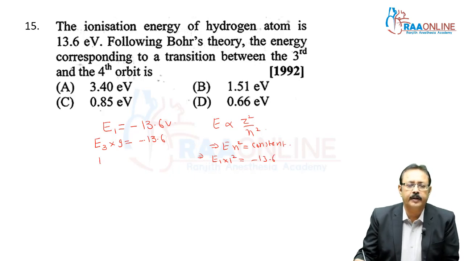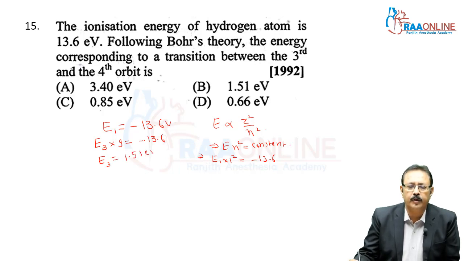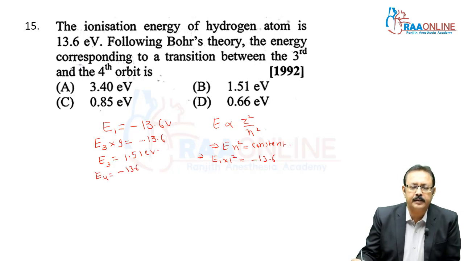So in third orbit, energy is minus 1.51 electron volt. For fourth orbit, it is minus 13.6 by 16, means minus 0.85 electron volt.